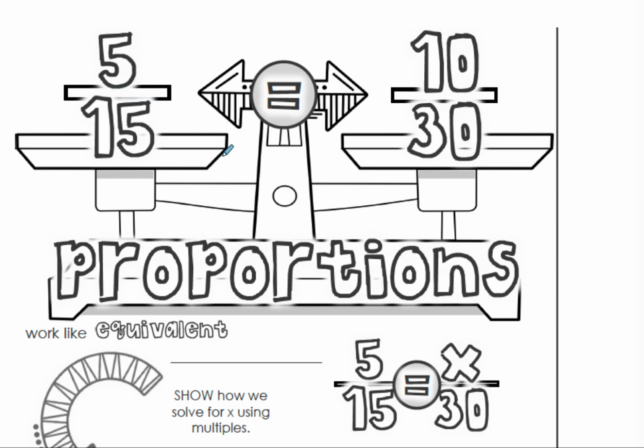All right, so let's take a look at this image of some proportions. So here we have 5 over 15 and we have 10 over 30. They're on a balance here, and that's because things that are proportional rates work like equivalent fractions. They're equal to each other. The numbers look different, but they're still equal in value.